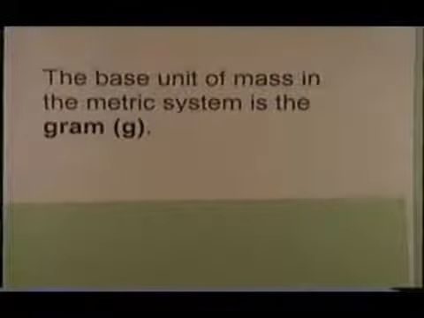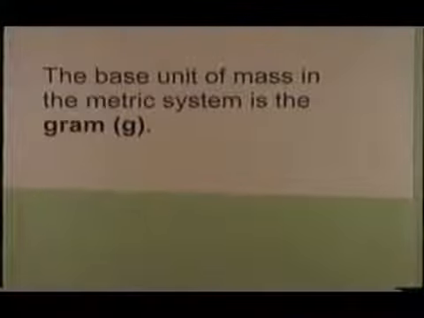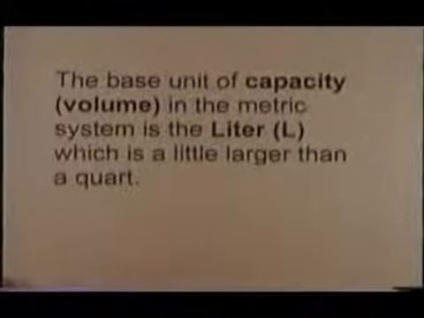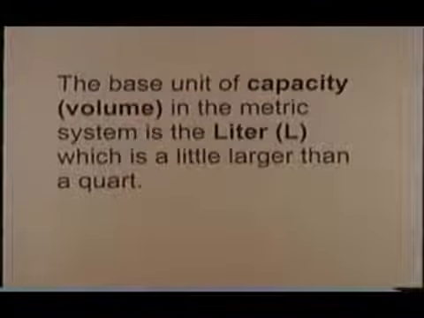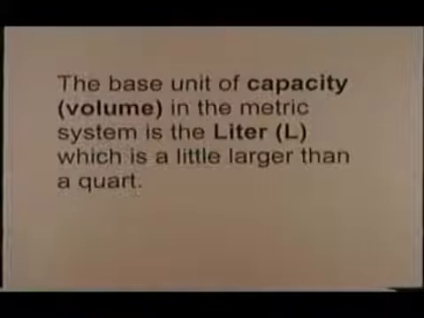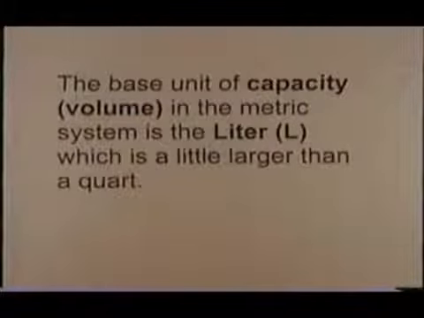The base unit of mass in the metric system is the gram. And the base unit of capacity, or volume, that is, how much a container will hold, in the metric system is the liter. A liter is just a little larger than a quart.